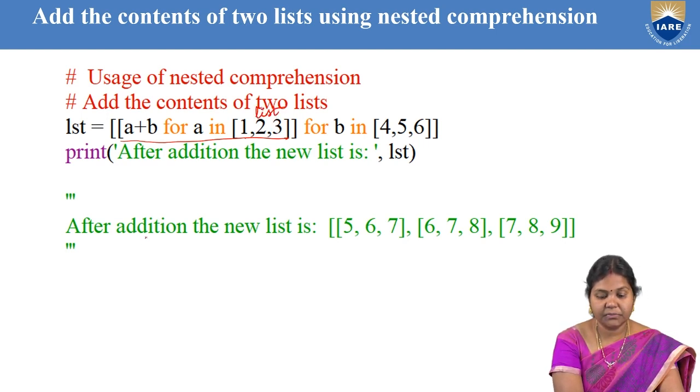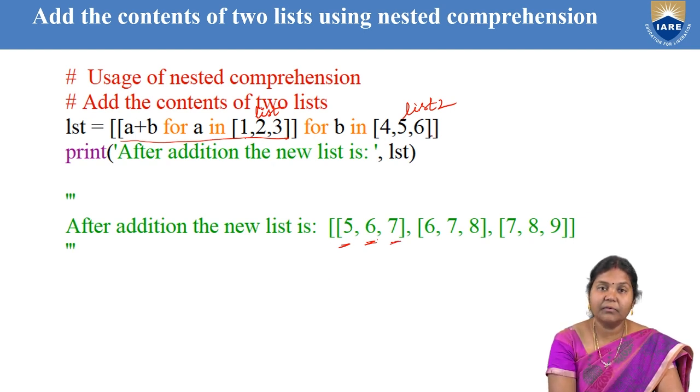We'll take the items of this list and add them with the items of list 2, which is 4, 5, 6. So 1 is added with 4, 5 and 6, giving 5, 6 and 7. Then 2 is added, giving 6, 7, 8, and 7, 8, 9 is produced. This is called adding the contents of two lists using the nested comprehension mechanism.